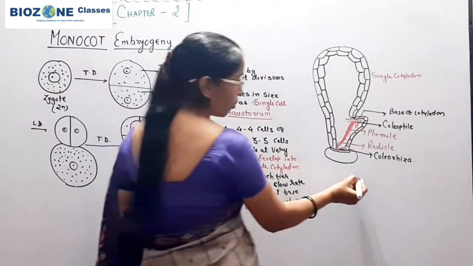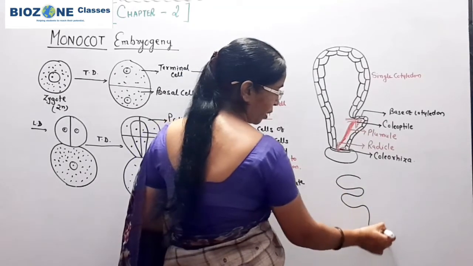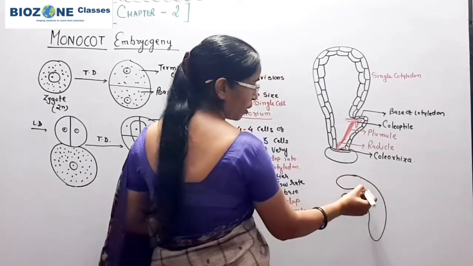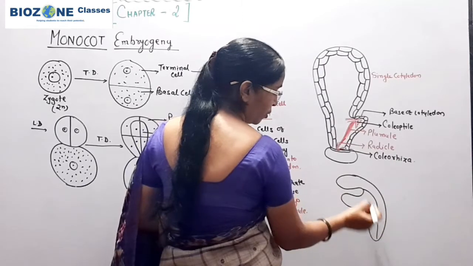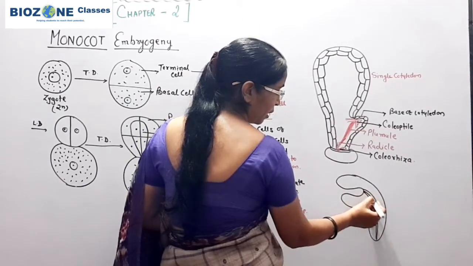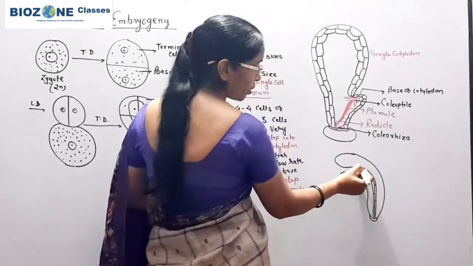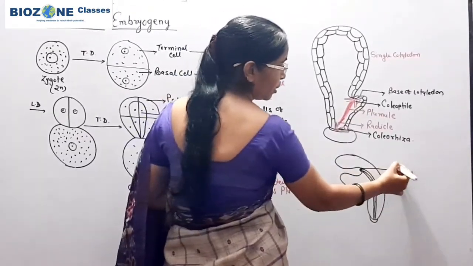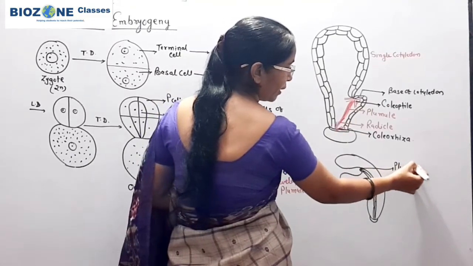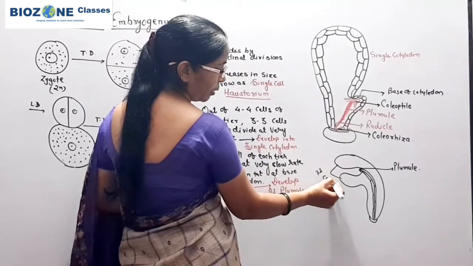Now you recall the diagram of the dicot embryo; I draw a very short diagram here. In the dicot embryo, we draw the embryonal axis, and in this axis the plumule is present, just for comparison. These are the two cotyledons.